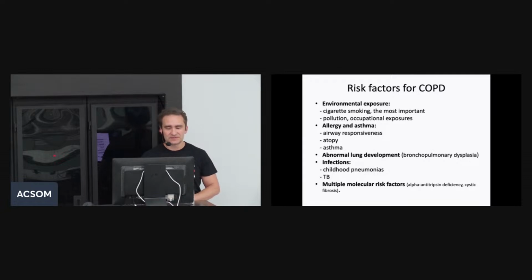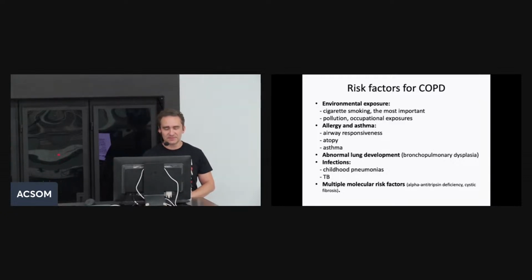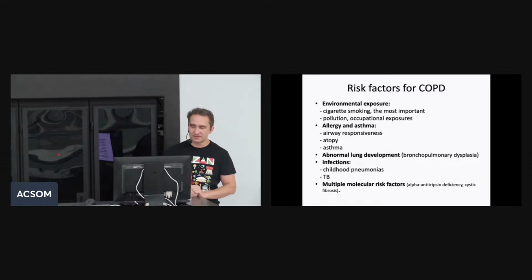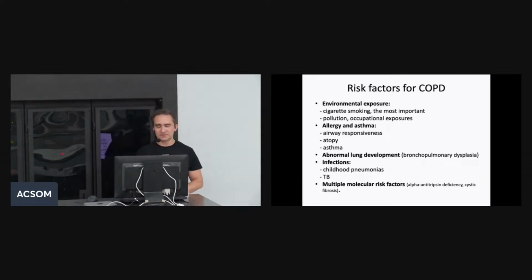Something congenital like abnormal lung development, bronchopulmonary dysplasia, may predispose to COPD, as can childhood infections and TB. Then there are some genetic risk factors, like loss of function in alpha-1 antitrypsin deficiency or a mutation in the cystic fibrosis gene.